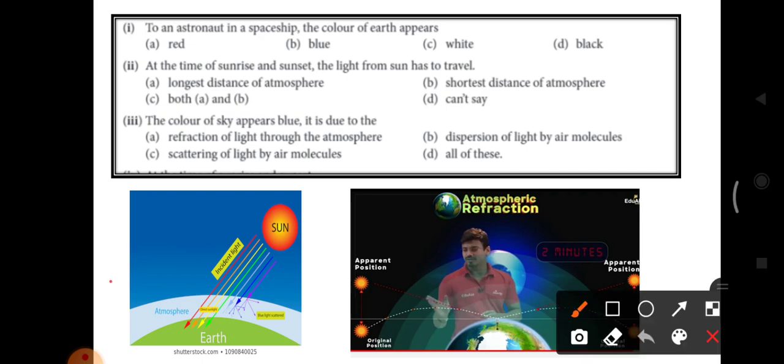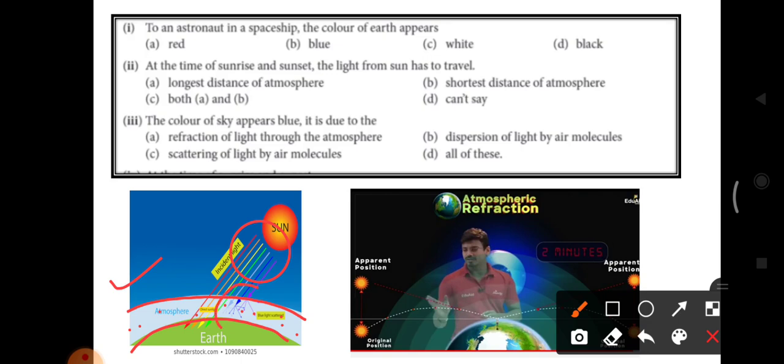See in this image. This is earth, this is atmosphere. The sunlight consists of 7 colors from violet to red. When it enters the earth's atmosphere, the air molecules present in the atmosphere scatter the sunlight.